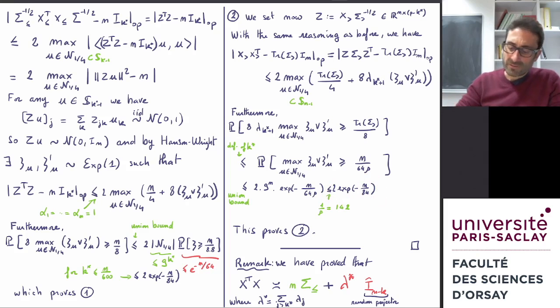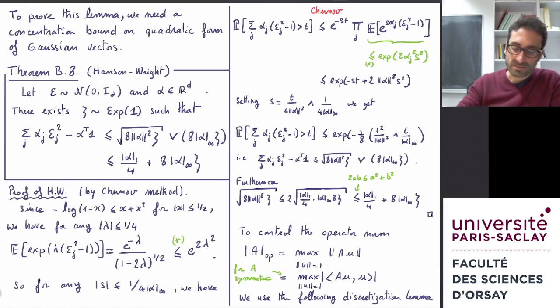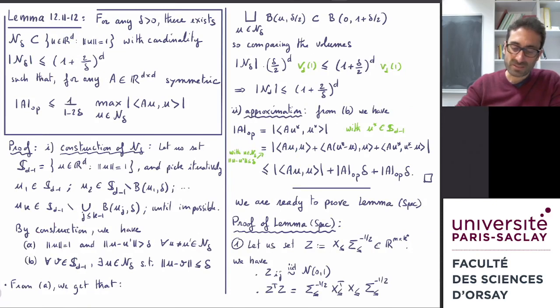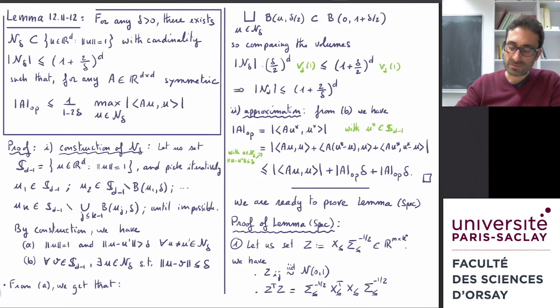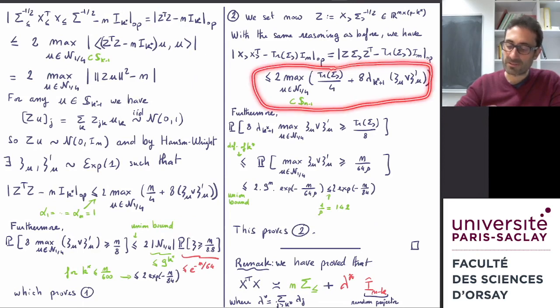All right, so for the second term, what we have done is we have just applied here the Hanson-Wright inequality with the alpha j corresponding to the lambda j for j larger than k star. And then, just as before, we have used this upper bound with delta equal to 1/4 in order to get this upper bound on the operator norm.